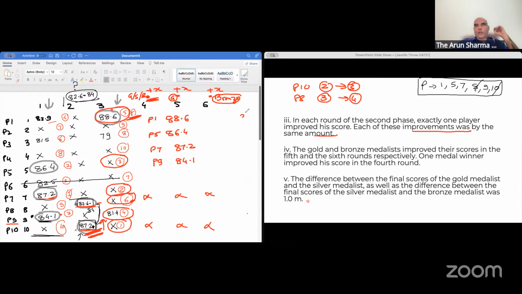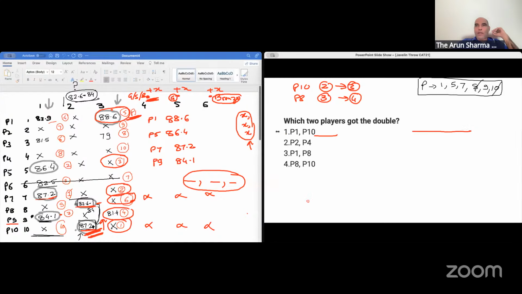And I've got three X's to add to them. X, X, and X, three of them to add to them. And it should then happen that the three medal winners should end up becoming one apart from each other, score-wise. So the key is now what is the value of X and what is the value of the three numbers.